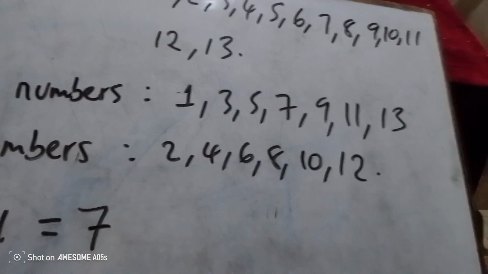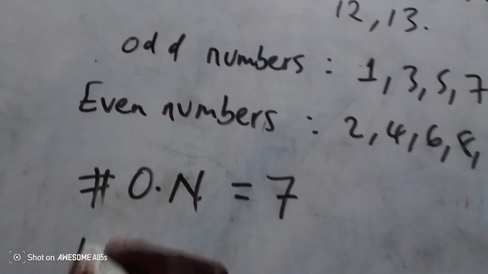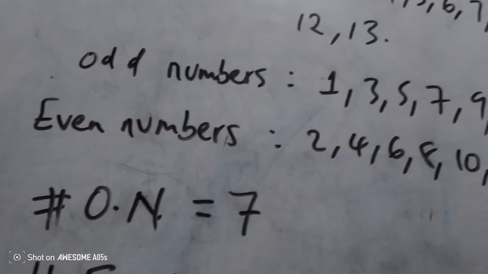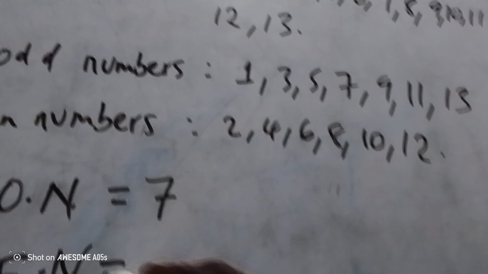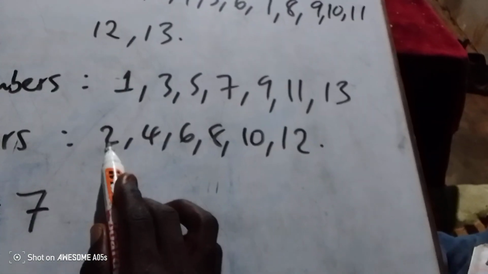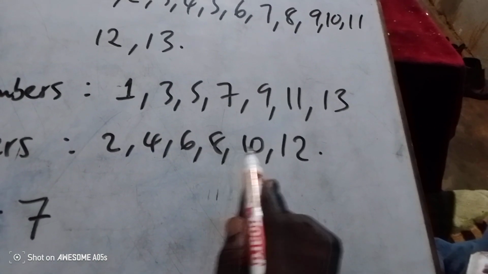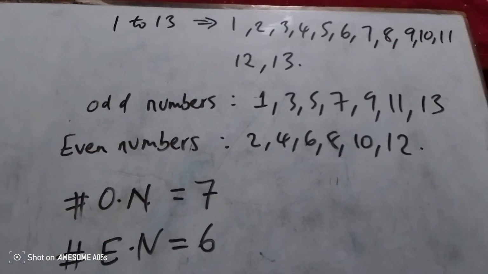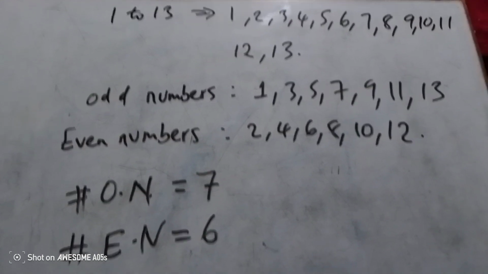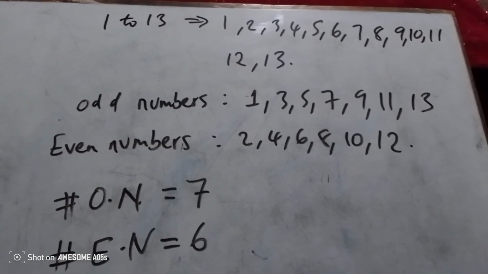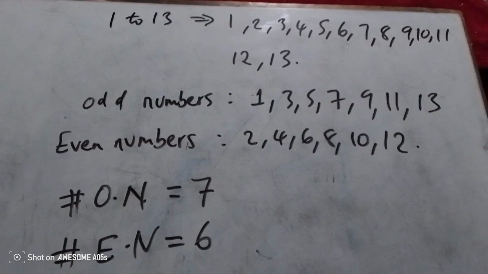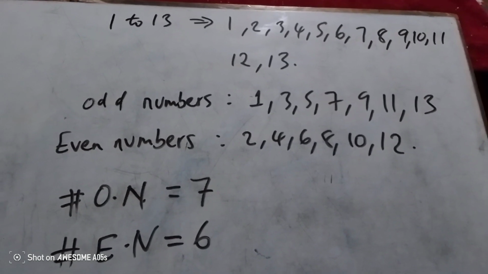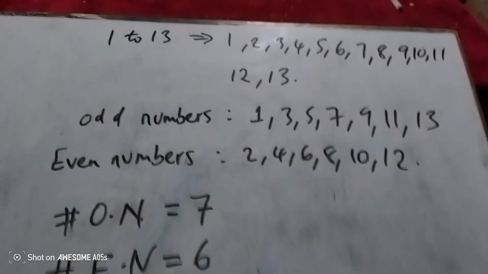So I've got 7 odd numbers. Then for even numbers, how many do we have? We have 1, 2, 3, 4, 5, 6. So even numbers are 6, odd numbers are 7. So together we are having a total of 13 numbers. So keep this in mind. This is what we have.